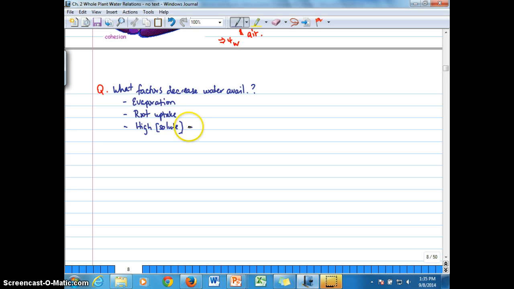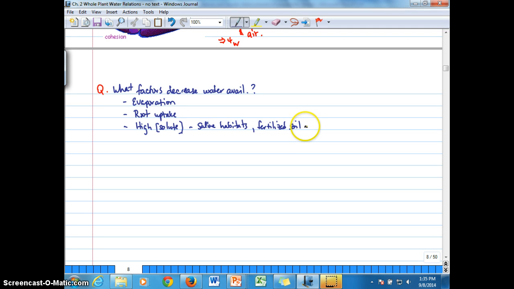This is only a factor really when we're looking at saline habitats, like in the paper we looked at for halophytes. Fertilized soil is another example of where high solute concentration is going to decrease water availability.